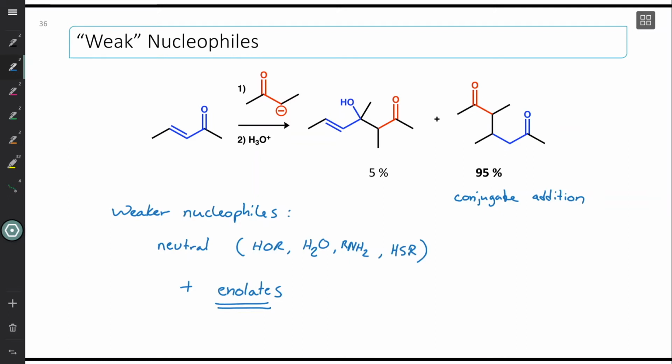So enolates are very good nucleophiles, and they have that negative charge, but because of their resonance stabilization, they prefer the conjugate addition.